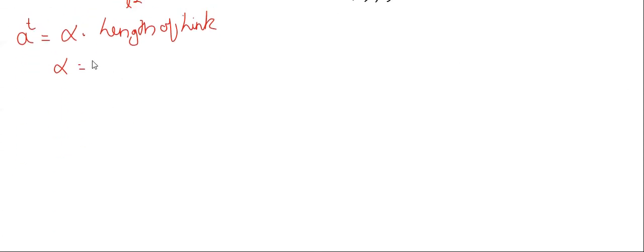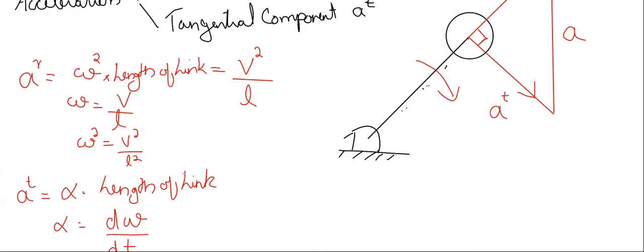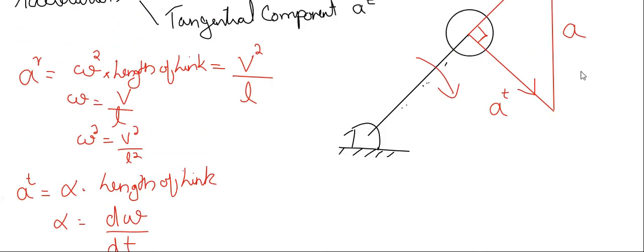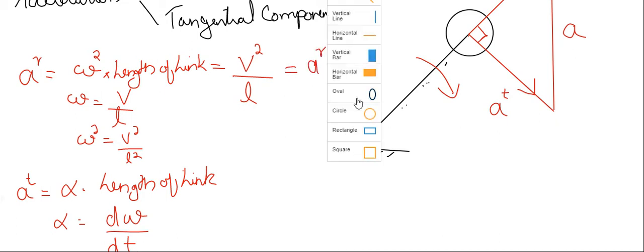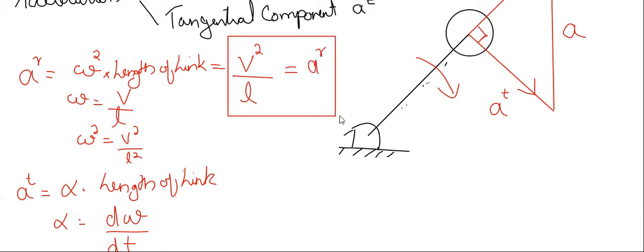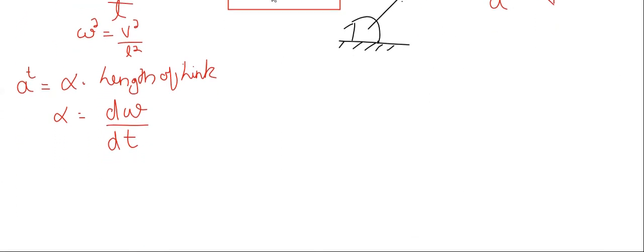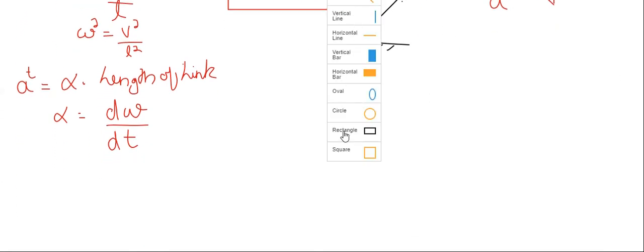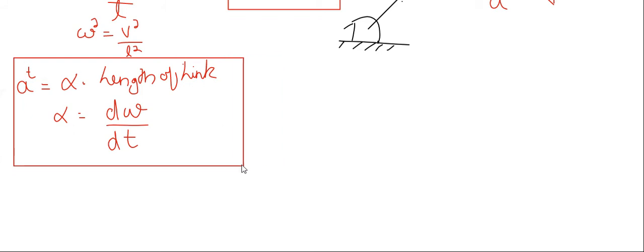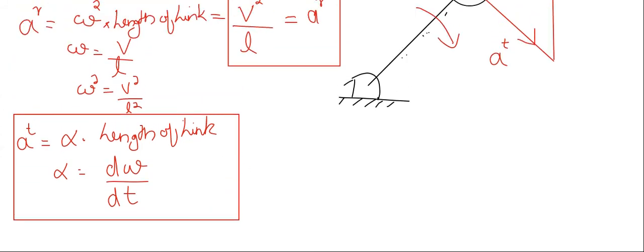So angular acceleration becomes change in angular velocity divided by change in time, that is d omega by dt. So that is the equation for AR and AT. So I am rewriting it again. AR, or radial component, is equal to v square by, that is relative velocity divided by length of the link, and tangential component is equal to alpha times length of the link.